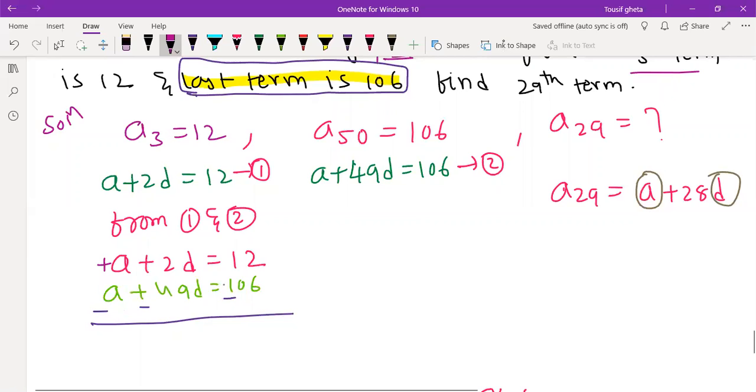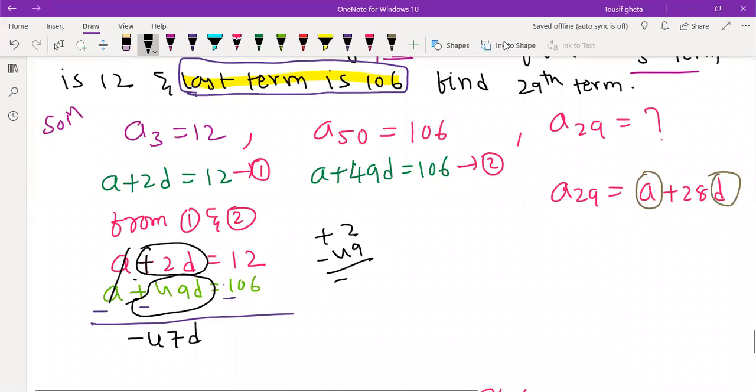I can cancel plus A and minus A. So this is your plus 2D and minus 49D. We will get minus 47D. Plus 2 minus 49 will get minus 47.